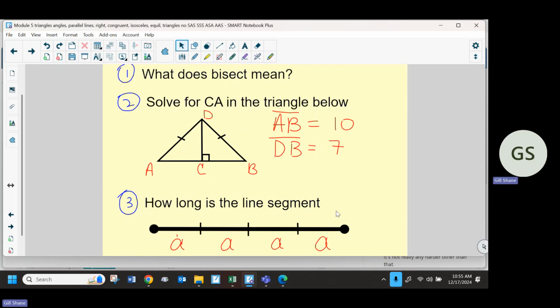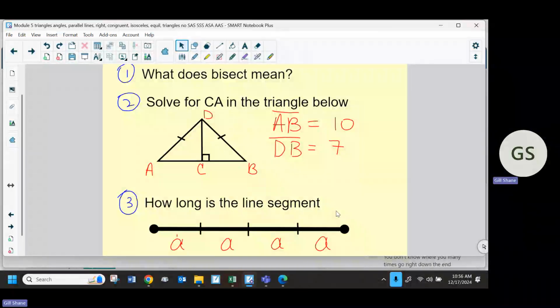All right, so with that in mind, first question, Catherine, what does bisect mean? If you don't know a word, we've used bisect many times, so write it down again.